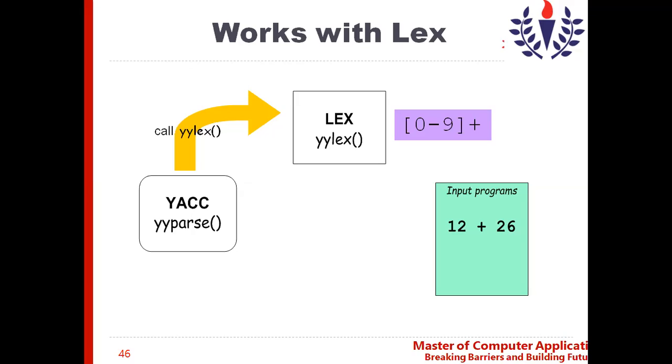If you don't have the plus, then 1 will be considered a separate input and 2 will be considered a separate input. Getting the point? 12 has to be considered a single input. That is why there is a plus.